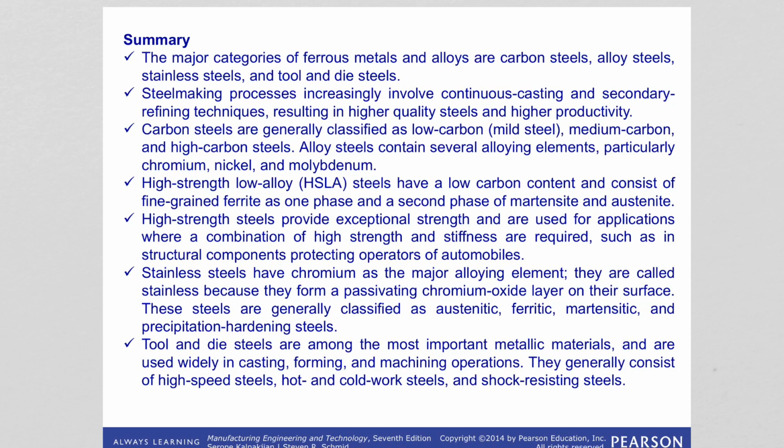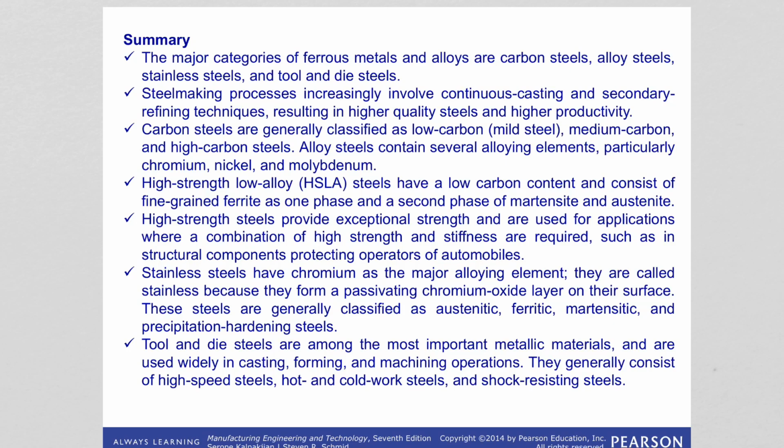So in summary, we looked at ferrous metals and alloys, and different categories of those, like carbon steels, alloy steels, stainless steels, and tool and die steels. We looked at the steel making process and how it is important to basically refine the structure.